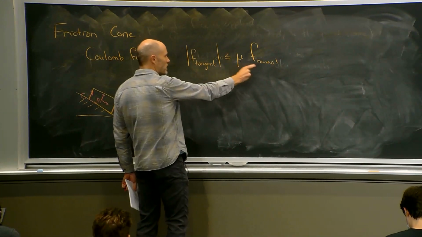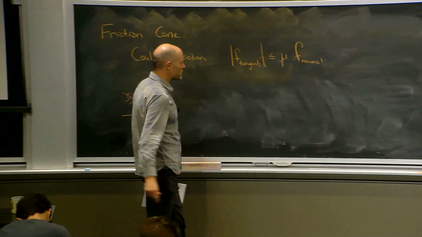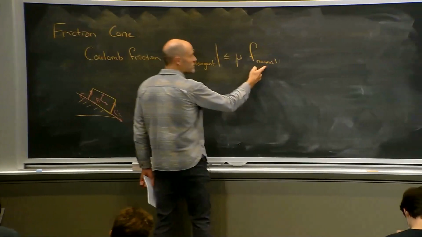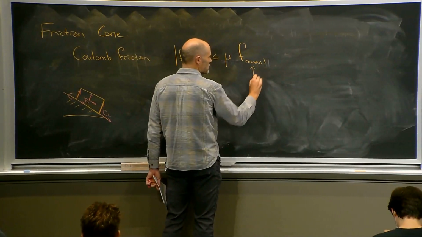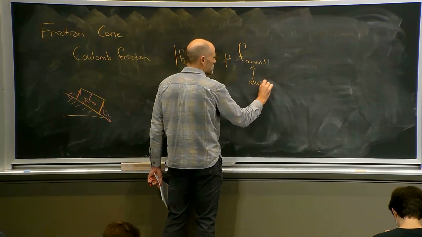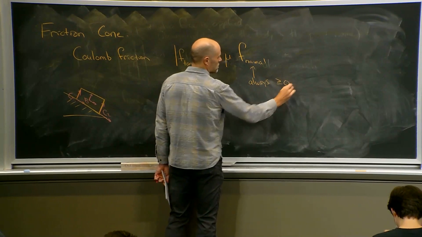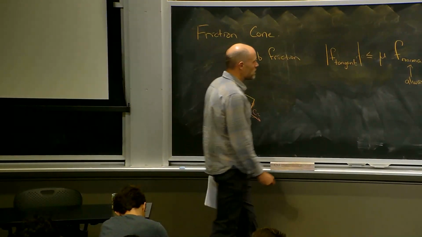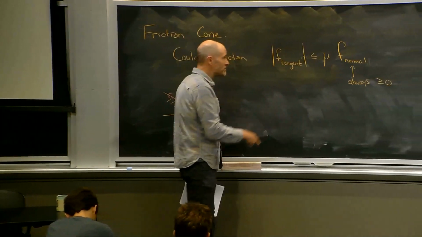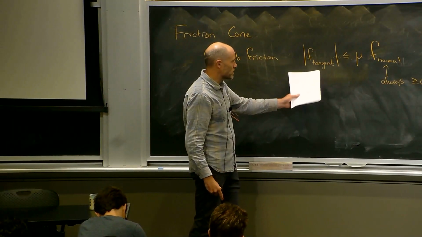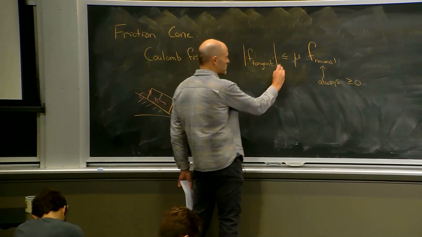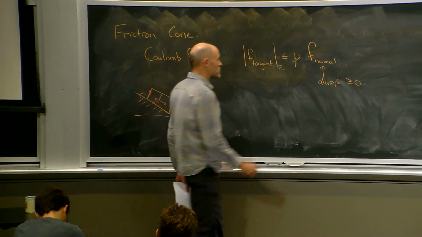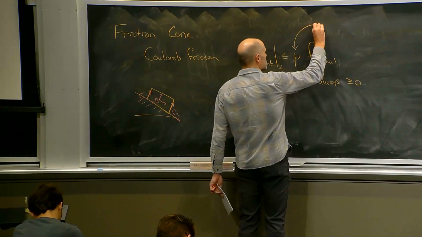That's not using my whole notation yet; I'm going to make it in the proper frame in a second. But the normal, we say, is always positive. By our definition, that's our z component. And so the xy component, in the Euclidean norm, is proportional to this, and that proportion is called the friction coefficient.